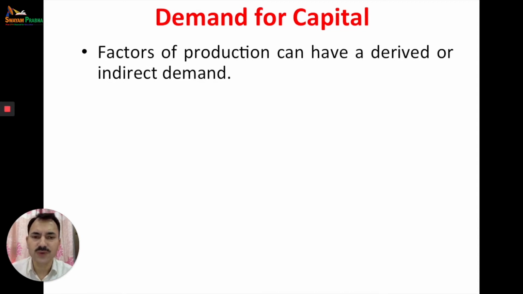All factors of production, whether land, labor, capital or entrepreneurs, the demand for these factors of production is derived demand. By derived demand we mean we do not consume them directly. We need some product; we have to satisfy our wants with some services or products.